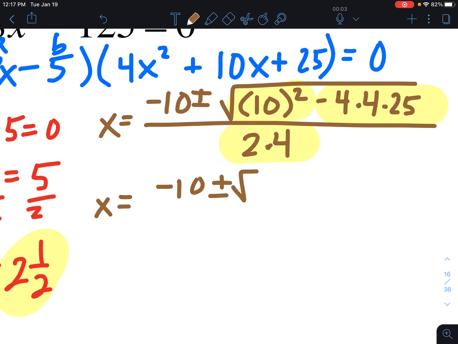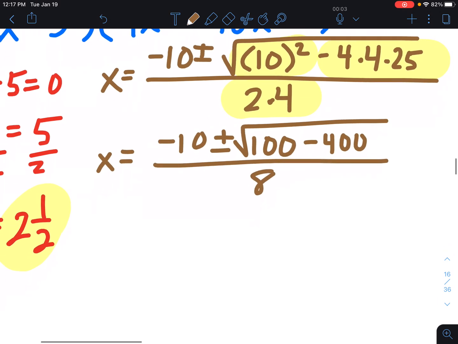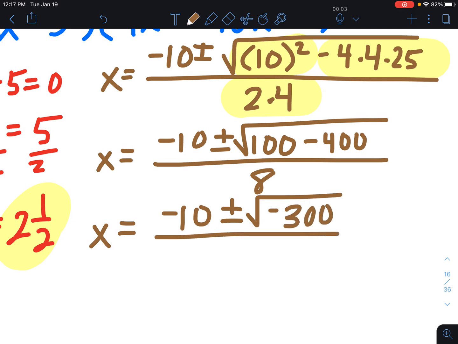So 10 squared will be 100. And then minus 4 times 4 is 16, times 25 is 400. On the bottom, 2 times 4 gets 8. In the radical, 100 minus 400, that would be the square root of negative 300.